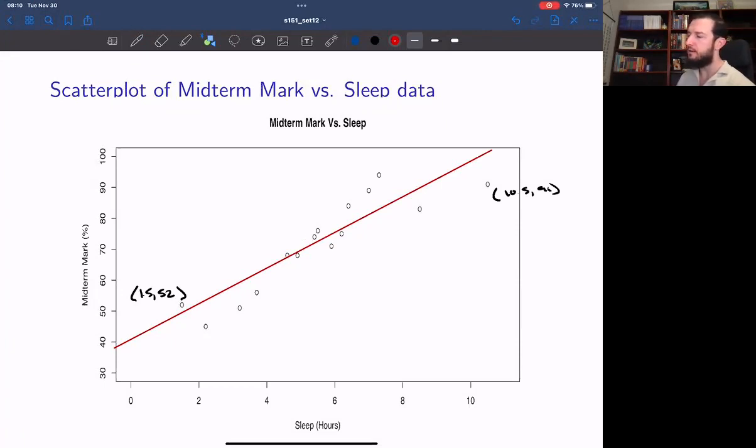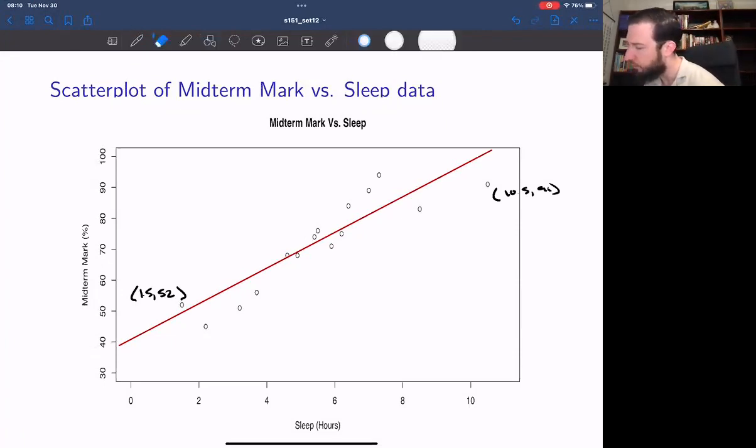And then we're going to ask, does it appear as though the variables form a linear relationship with each other, based off of the line that we are imagining through the middle of the points?